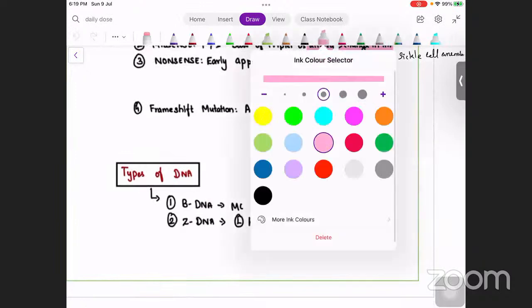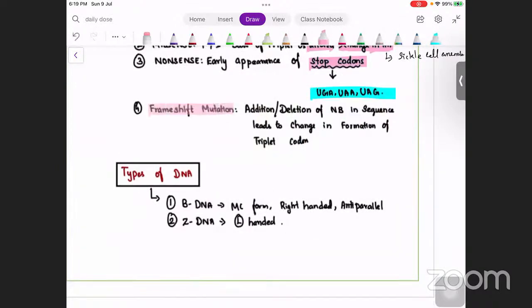Apart from that, a frameshift mutation is just the addition or deletion of a nucleotide base in the sequence that leads to a change in the formation of triplet codons. For example, consider we have a sequence of seven bases: A, A, A, C, G, T, A, G. Consider this is your DNA sequence.